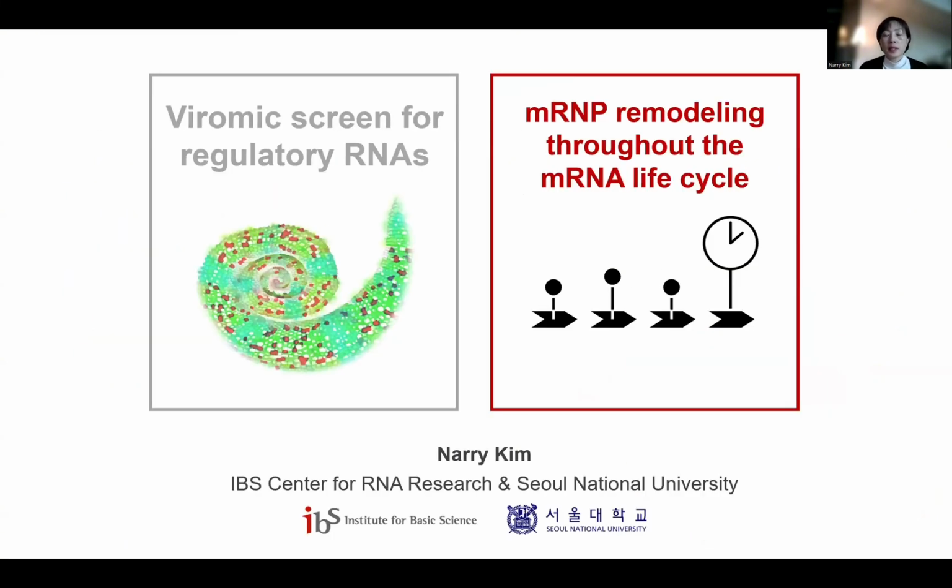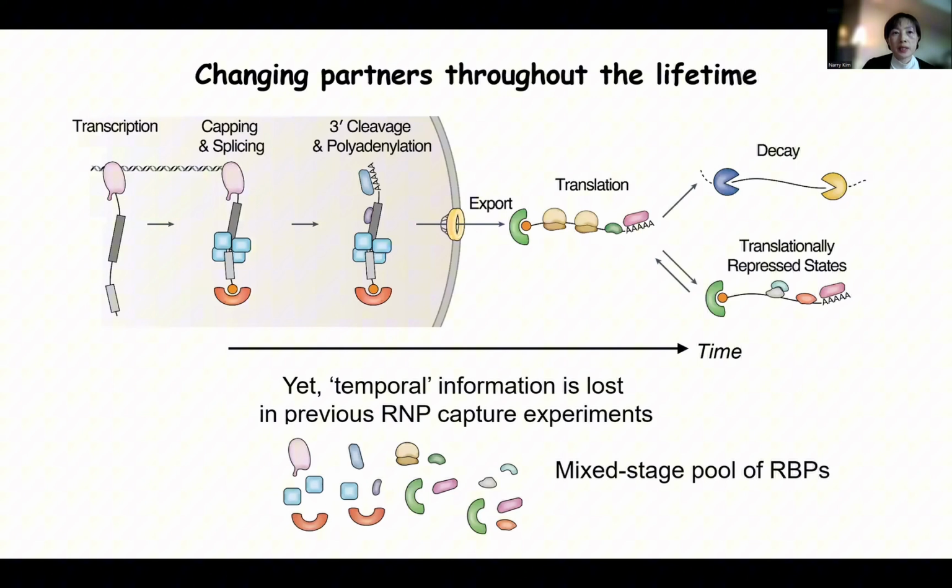Okay. With that, I would like to switch gears and talk briefly about mRNA, mRNP remodeling throughout the mRNA life cycle. So we all know that RBPs play important roles throughout the mRNA life cycle, and messenger RNAs change their protein partners throughout their lifetime.